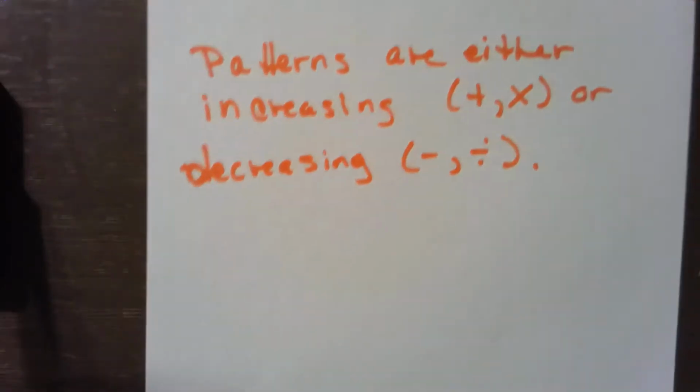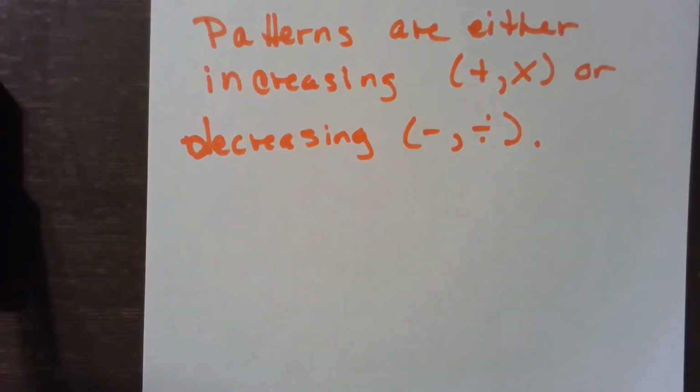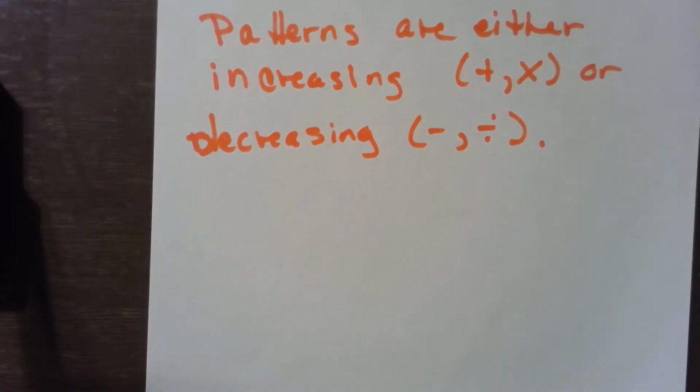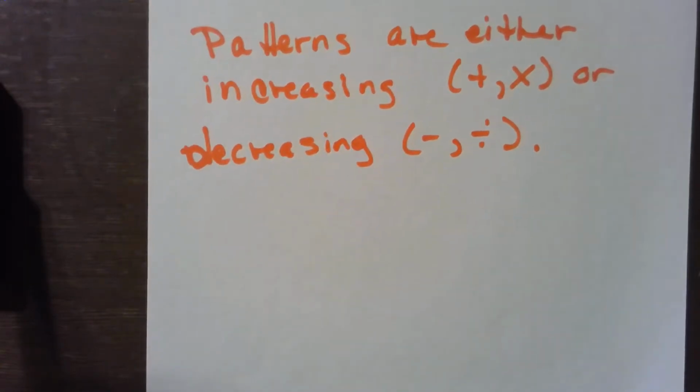Patterns can either be increasing, that means you're going to add or multiply, or decreasing, subtract or divide. So the first thing you need to do when you get a pattern is see if the terms are going up or if they are going down.